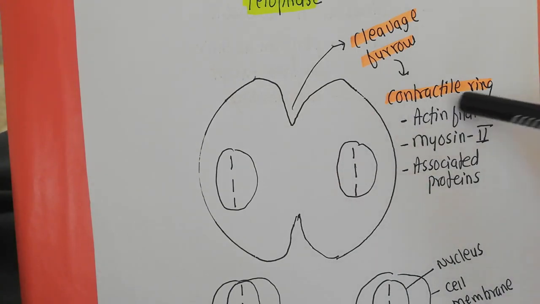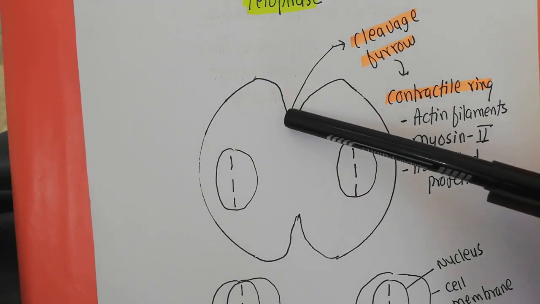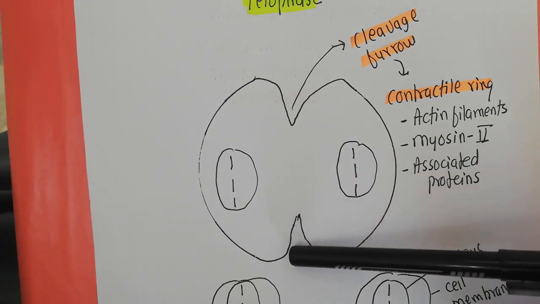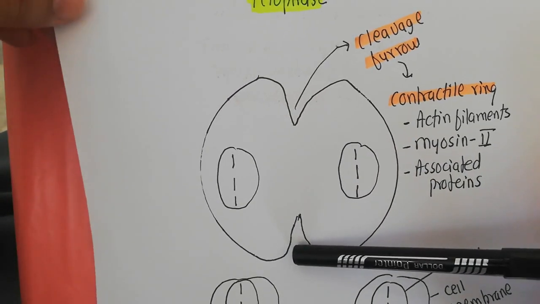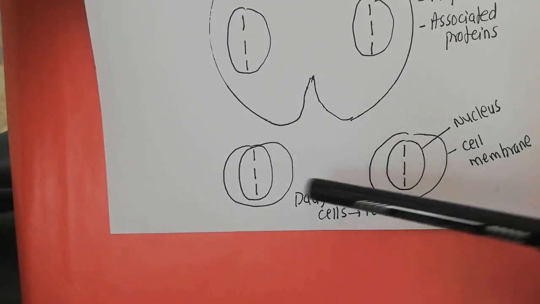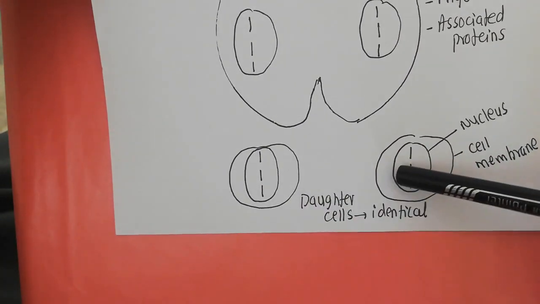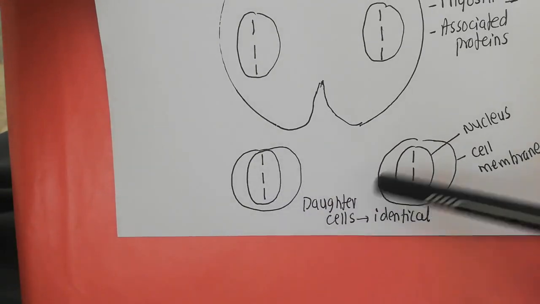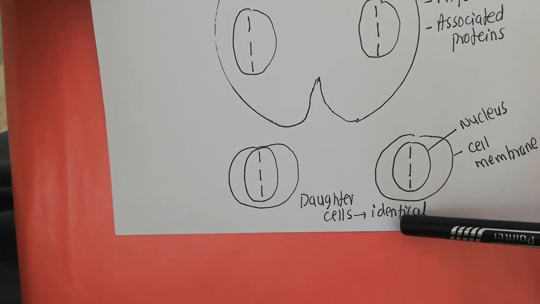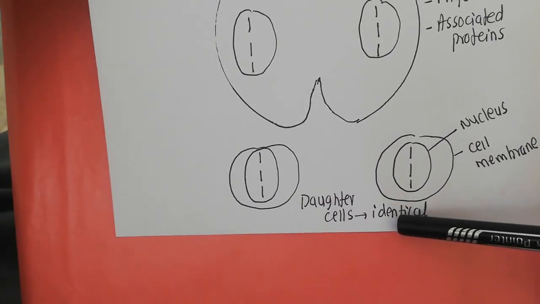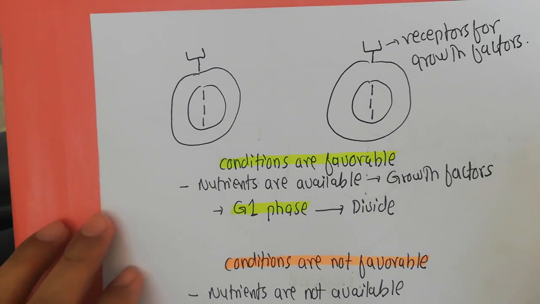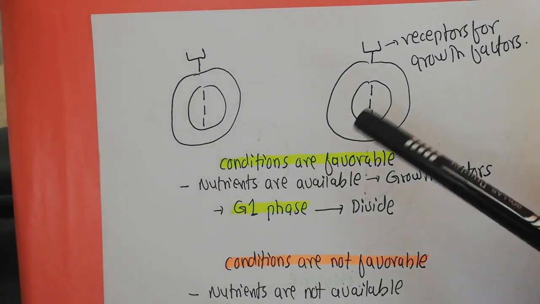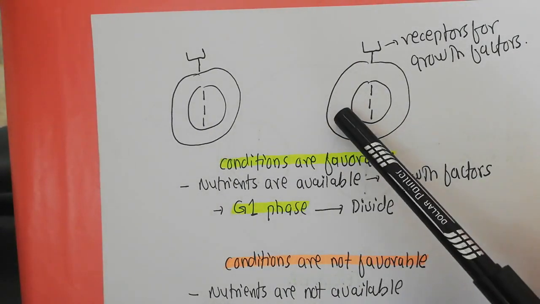This contractile ring is going to deepen this cleavage furrow, and when the cleavage furrow deepens, the two daughter cells get separated from each other, and these two daughter cells are identical to their parent cell. Once you have gone through cytokinesis, you have made two identical daughter cells.